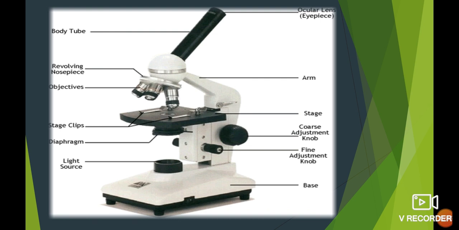So again, the microscope is divided into three parts. There are three groups: the illuminating parts, those that produce or reflect light. We have the magnifying parts, those that enable us to enlarge, see, or focus the specimen that we are going to study.